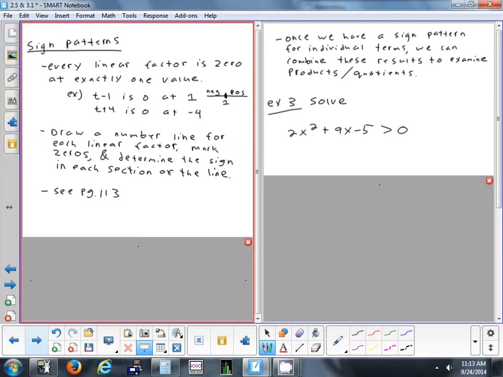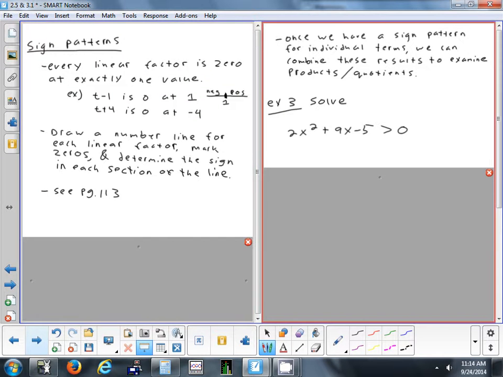Once you have a number line drawn for each individual factor, then you can put them together and get the final answer. And I'll show you how that's going to work with this problem.